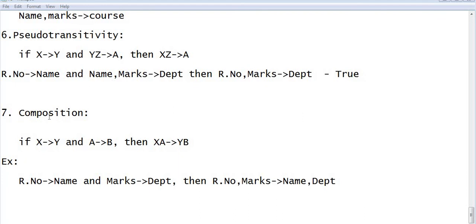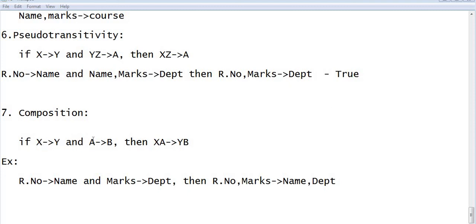The last property is the composition property. If X determines Y and A determines B, then XA determines YB, right? So X determines Y is given and A determines B is also given, then XA determines YB. It means we are combining the determinants X and A as well as the dependents.